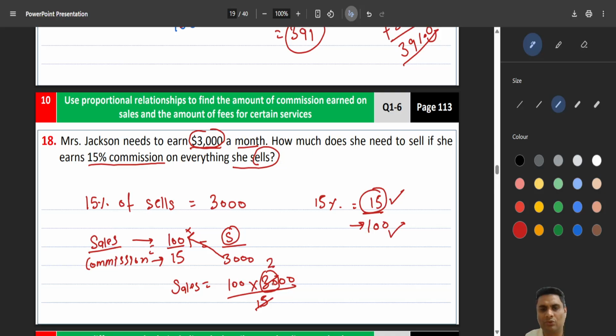So 15 times 2 is 30. Now because I have two zeros here, put two zeros here. So 15 times 200 will give me 3000. So 200 times 100 will give me 20,000. That is, if I make sales of $20,000, only then I will get the $3,000 commission. I hope you understood this question.